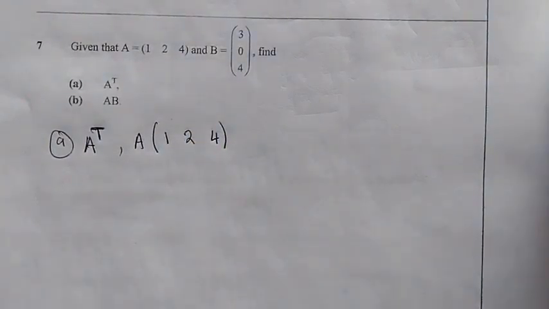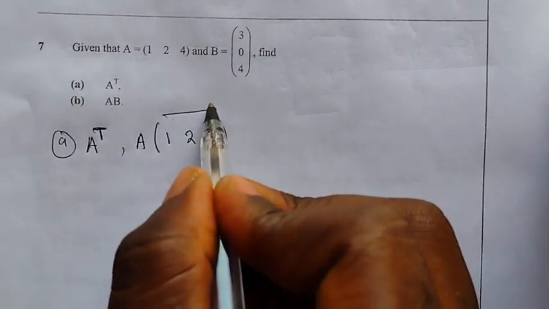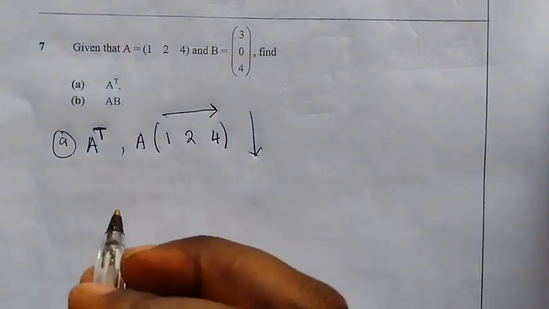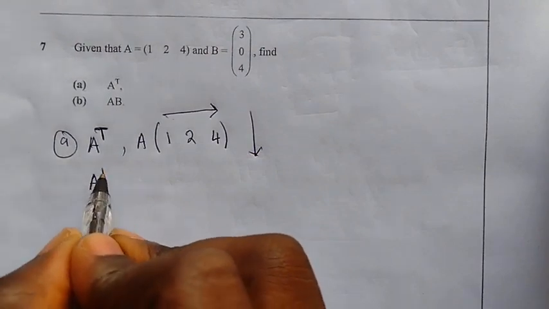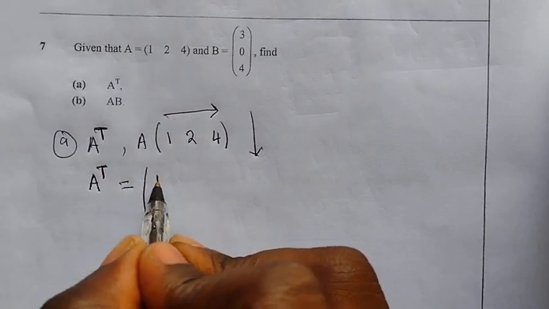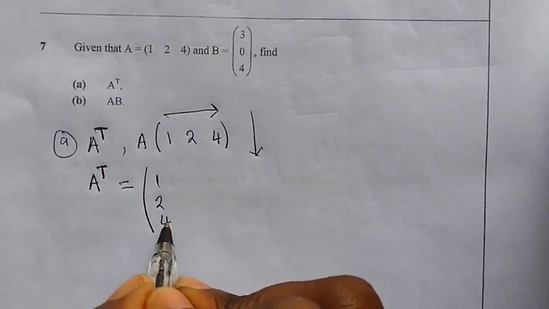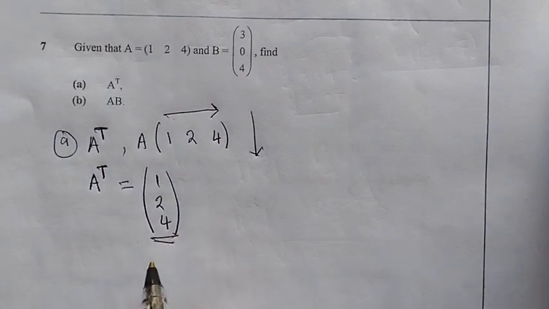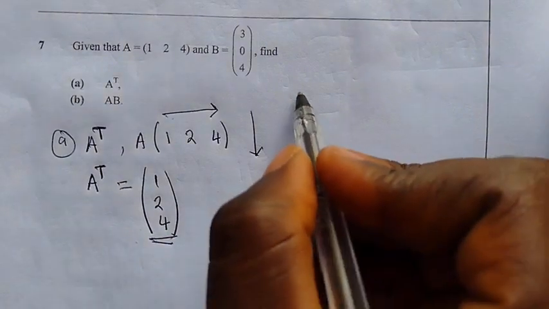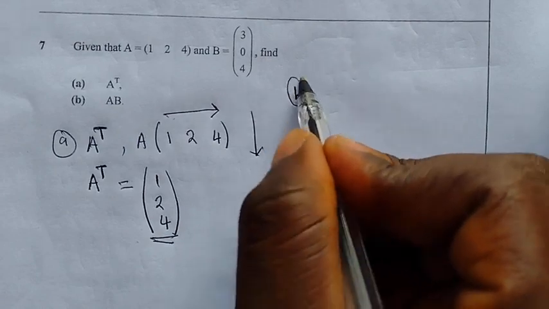To find the transpose of this matrix A, we are just going to interchange. This is a row, we are going to interchange this row, which will be like this. So A transpose is equal to 1, 2, and 4. This is the transpose of matrix A.